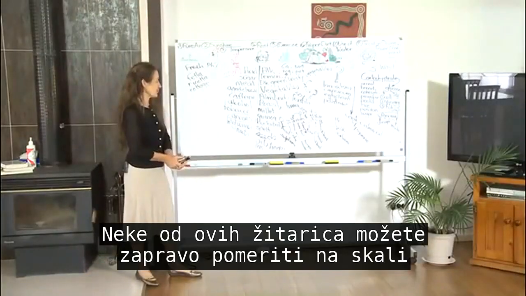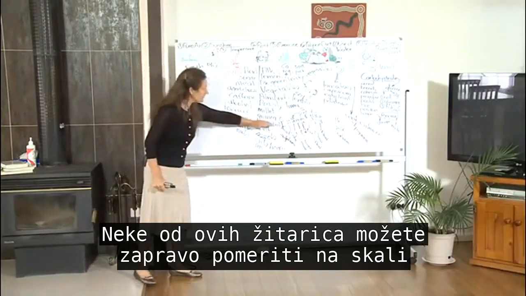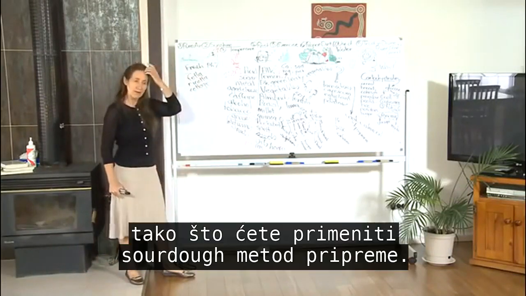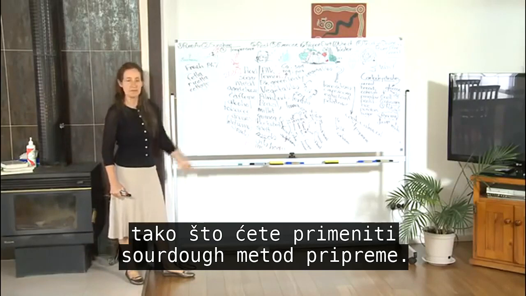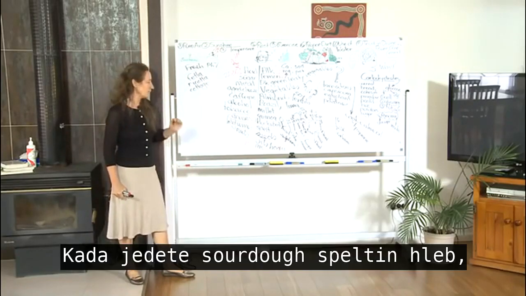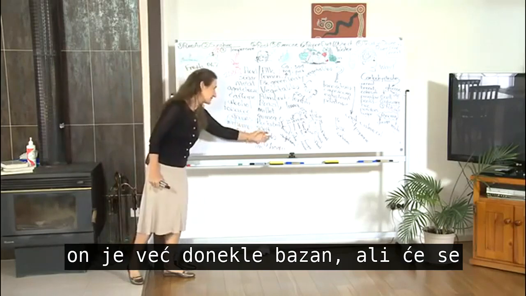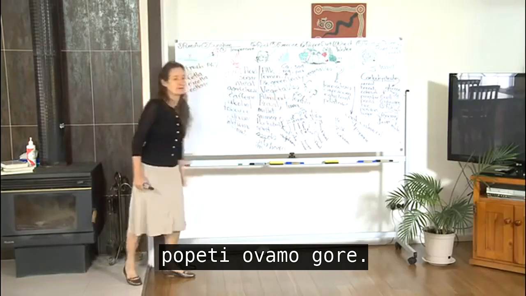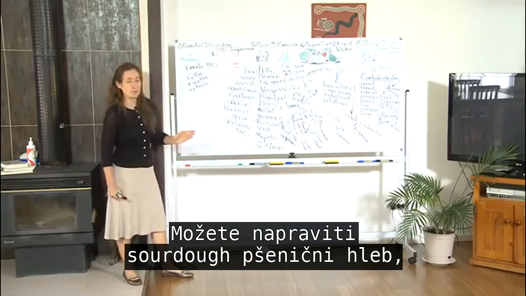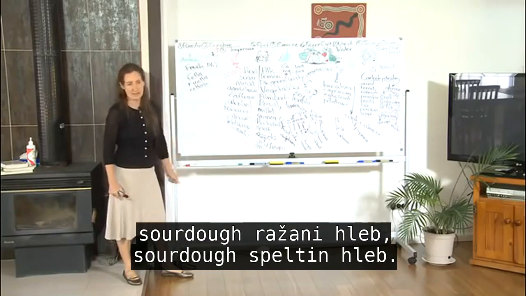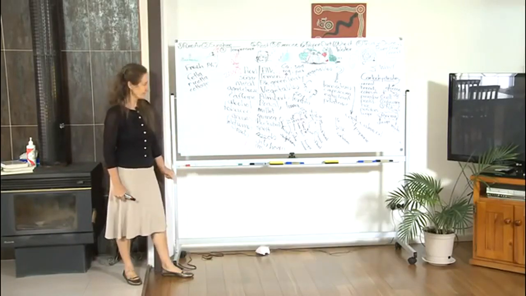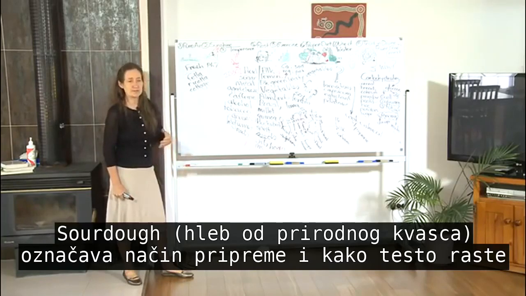You can actually bring some of these grains over to here a little bit more by culturing them in the sourdough method. So when you eat sourdough spelt bread, well, it's already somewhat alkalizing, but it'll shift it up to more alkaline. You can get sourdough wheat bread, sourdough rye bread, sourdough spelt bread. It's just the process by which the bread is made and rises.